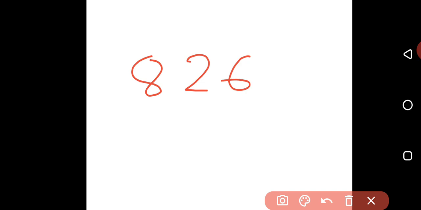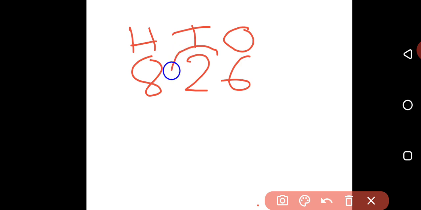Fine. We have understood this one. Ones, tens, hundreds. Now, what is the rule? Which digit do we have to look at? We have to look at the digit of the tens place, because I am going to round off to the nearest hundreds.